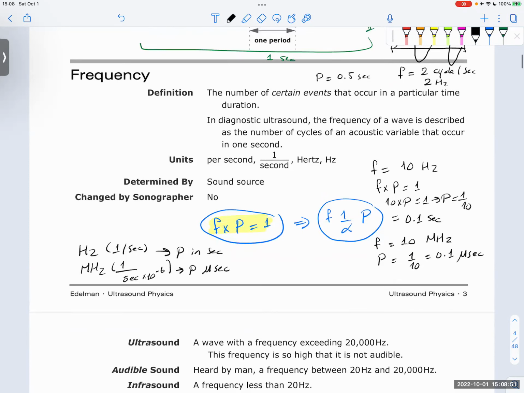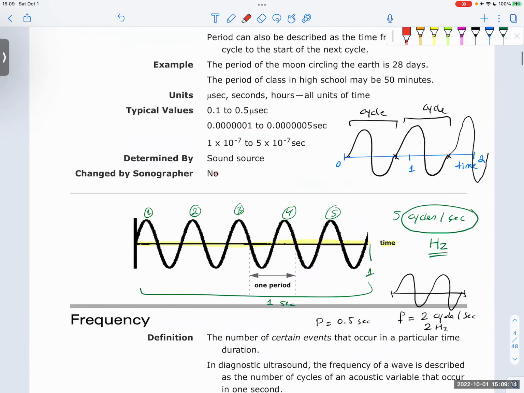If you notice this equation, frequency times period equals 1, they are inversely related to each other. There are no other factors contributing to this equation. And that's why frequency and period are both determined by the sound source itself, meaning that the sonographer cannot change the frequency or the period.